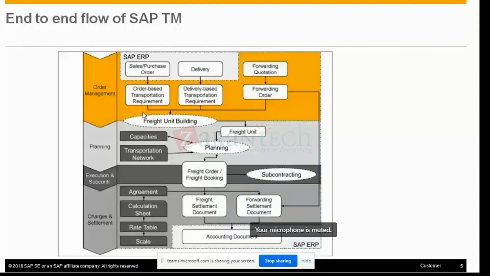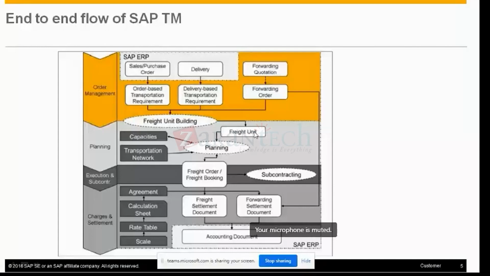This freight unit answers three questions: what you are going to transport, where you are going to transport, and when you are going to transport. The freight unit is always created automatically, once the order or delivery is created and saved. And once the freight unit is created, that will trigger my subsequent process in TM.